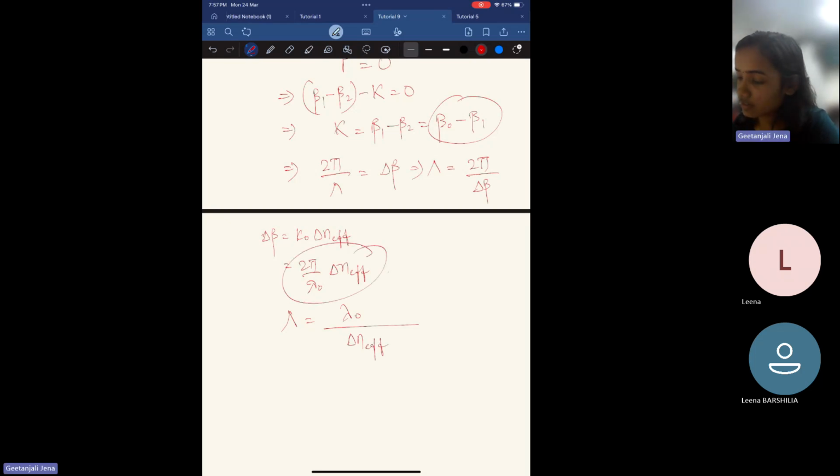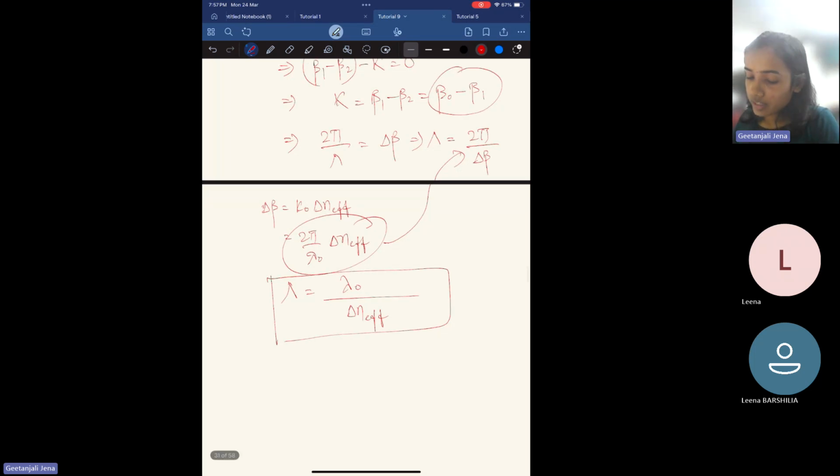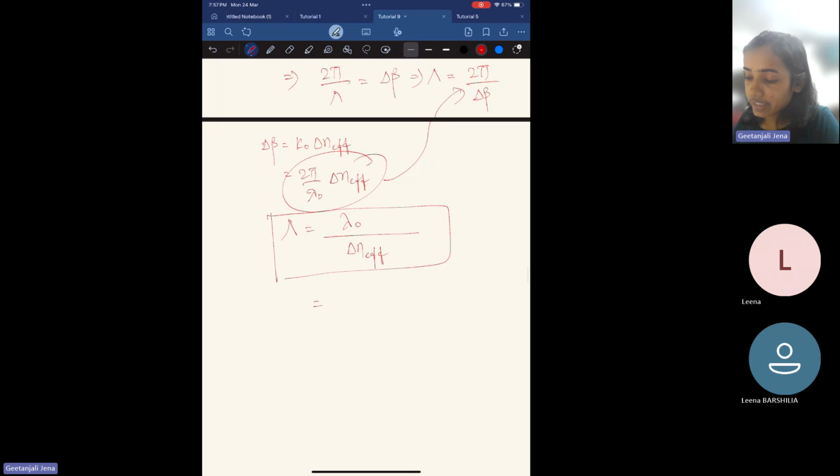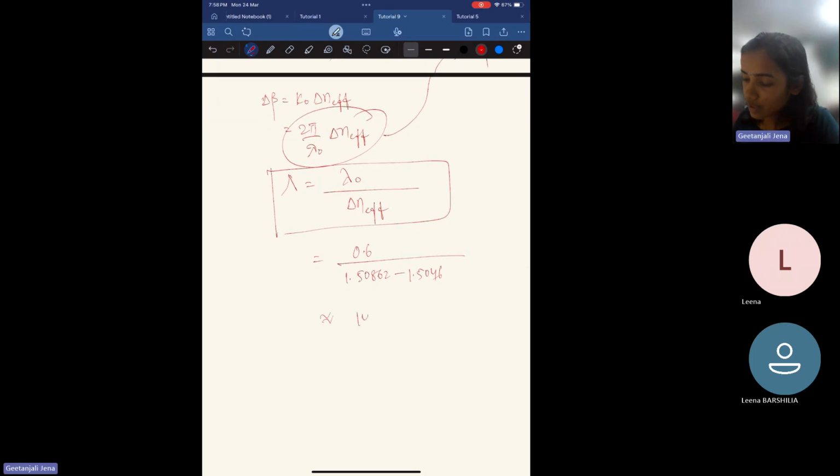So just put it in this equation, and you can express the grating period as lambda 0 over delta n effective. Lambda 0 was already given in the question, it is 0.6 micrometer. Delta n effective is 1.50862 minus 1.5046. This will come around 149.3 micrometer. Okay, this will be the answer.